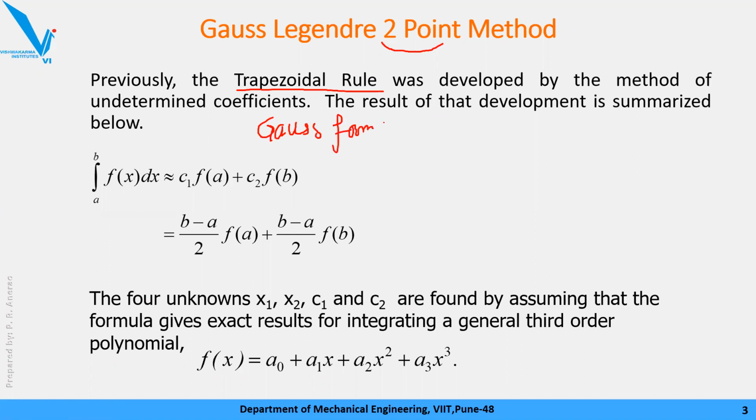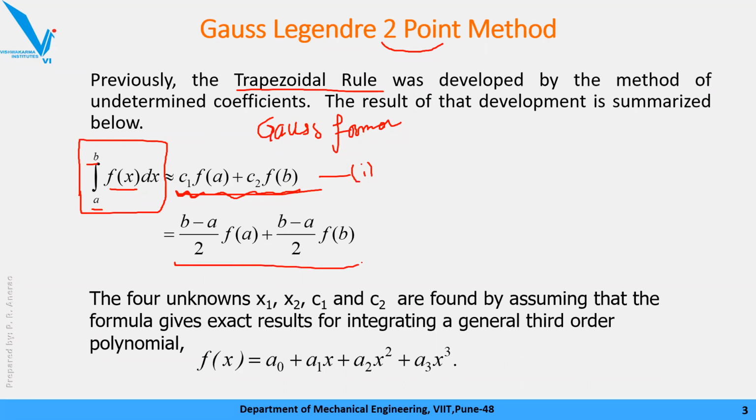Here we are approximating the integration of the function f(x) over the limits a to b as approximately equal to c1 into f of a plus c2 into f of b. So this is one equation, Gauss's equation. The second equation you are observing is derived from the trapezoidal rule.